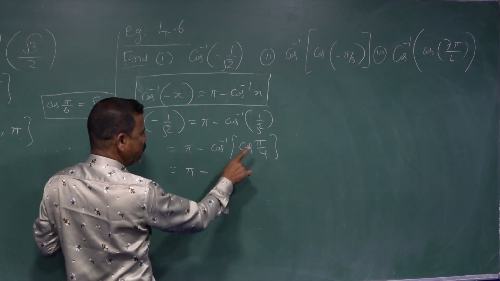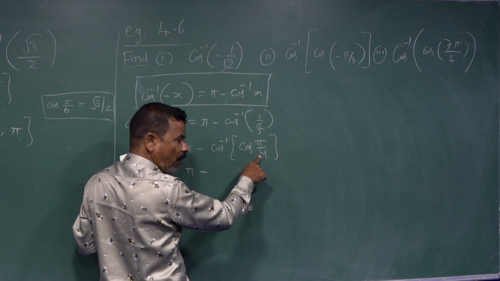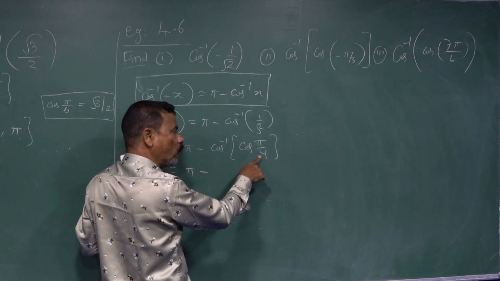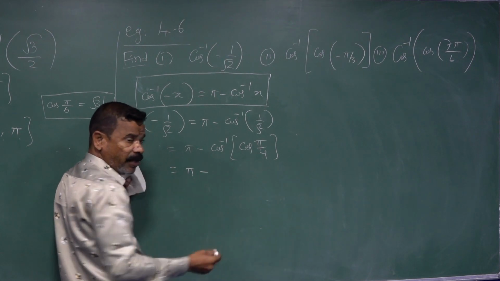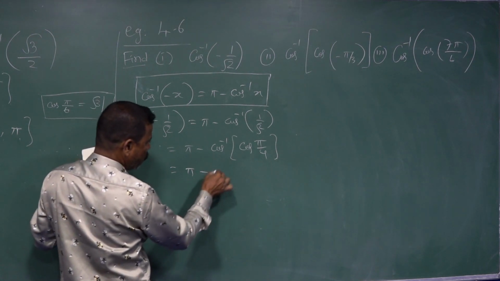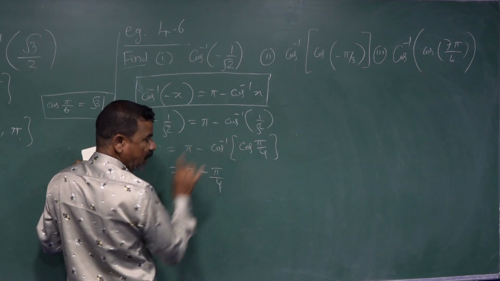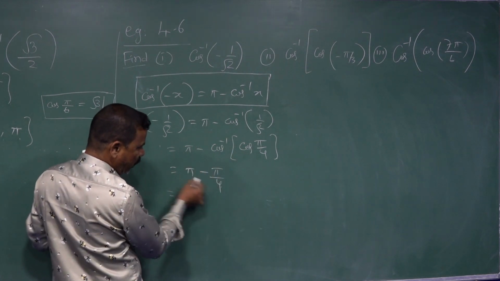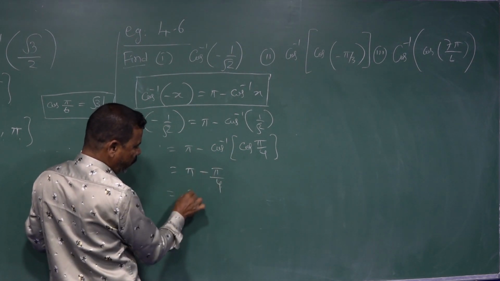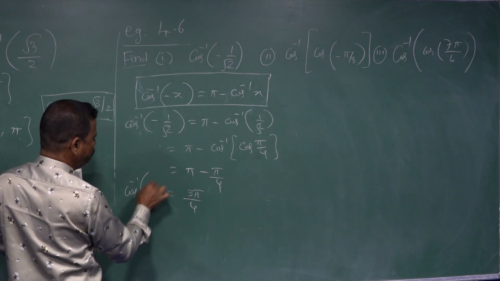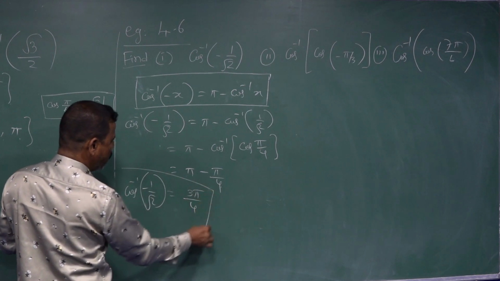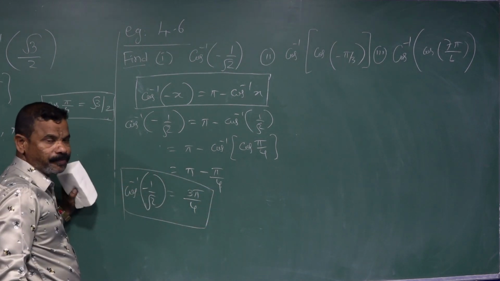Next, does this value π by 4 lie between 0 to π or not? Yes, π by 4 is between 0 to π, that's why π by 4 comes. So on LCM 4, π minus π by 4 gives 3π by 4. So the value of cos inverse of minus 1 by root 2 is 3π by 4.